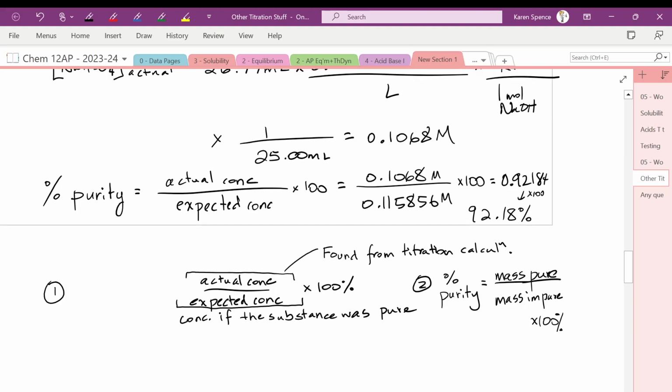So if you did method 1 before, do method 2. If you did method 2 before, do method 1. Is good? Help yourself to extra paper if you need extra paper.